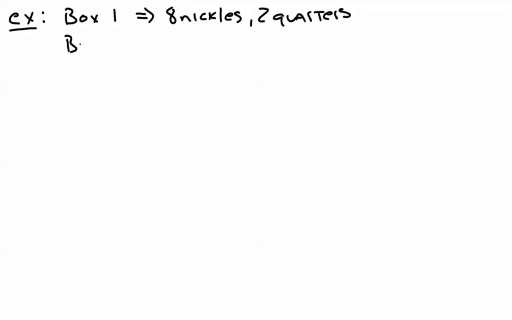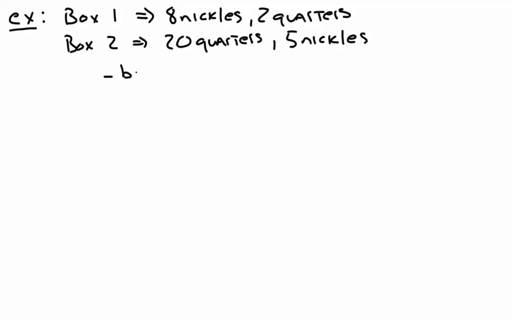Box 2 will have 20 quarters and 5 nickels. We're going to assume that these boxes are initially closed and identical.